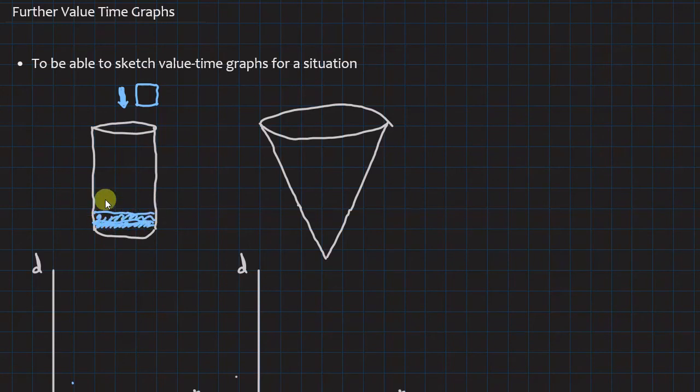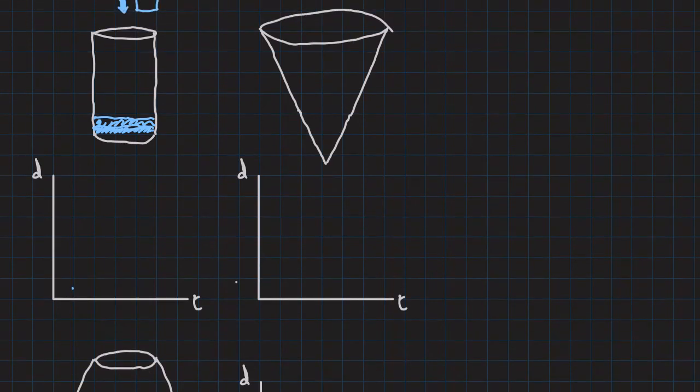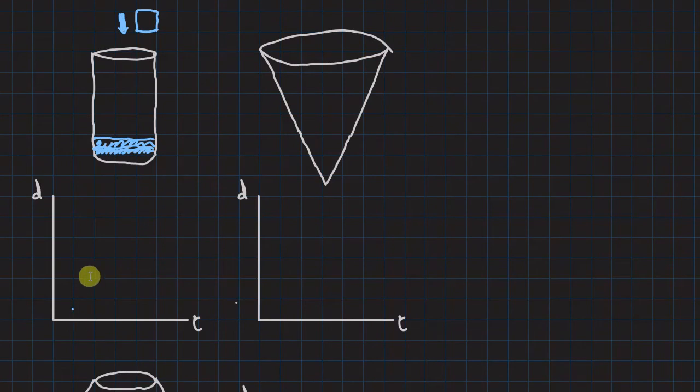And because the walls are a constant distance apart, we wind up with a constant speed, or constant increase in the height. I'm just trying to get this to move up so we can see the graphs we're doing. So for every second we're getting about 1/3 of a square coming in, and that leads to a constant increase in depth of water. The depth is where the water surface is, depending on how long we've been waiting, how many squares went in.